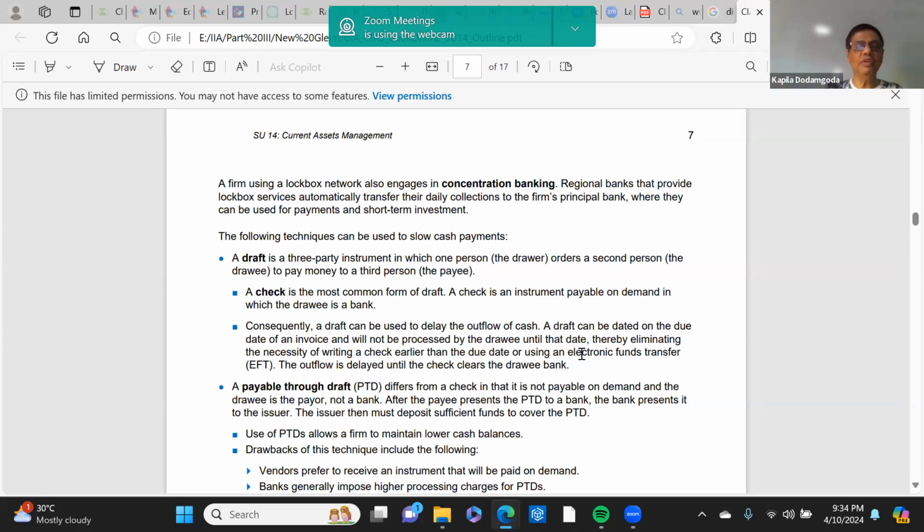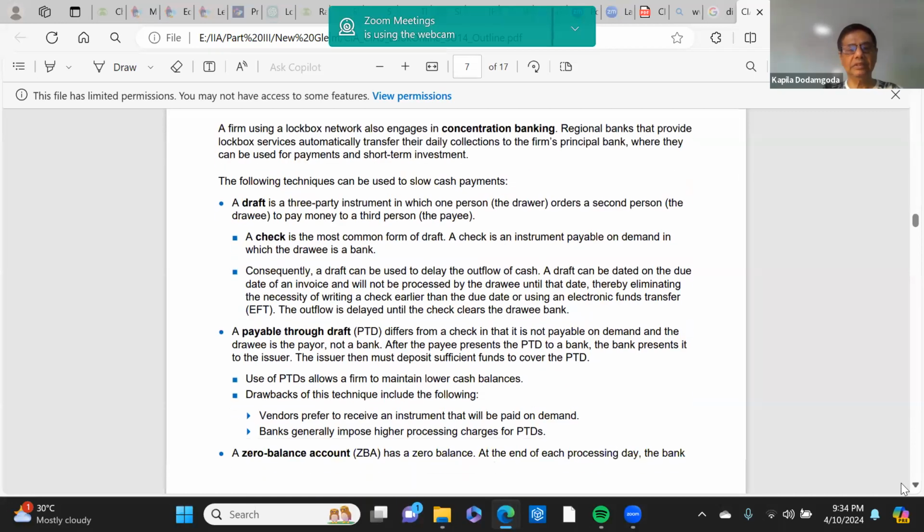Therefore, from your point of view, it is better not to do an electronic fund transfer, but probably issue a draft. It can take a couple of days to realize, but still you meet the on-paper agreement with your supplier. So that is what a draft means and how you can use it to save your financing cost.